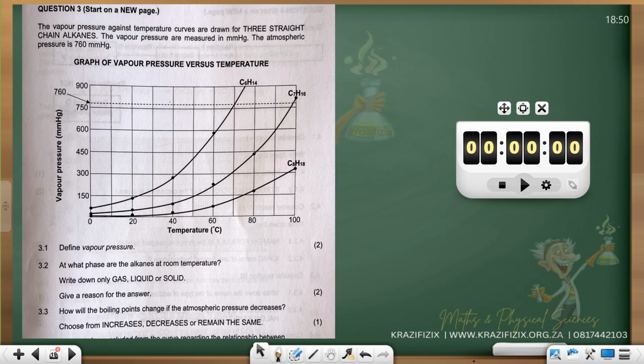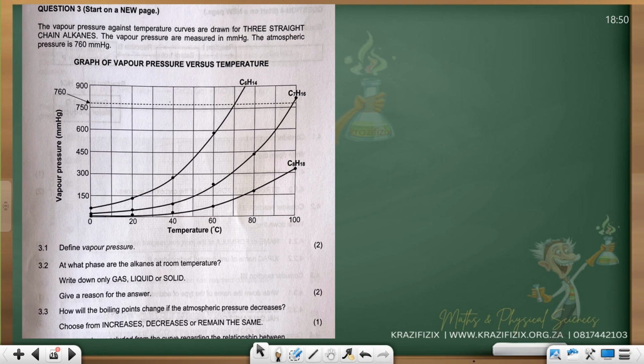Okay, 3.1. The vapor pressure against temperature curves are shown for 3 straight chain alkanes. The vapor pressure is measured in millimeters of mercury. All right. The atmospheric pressure is 760.